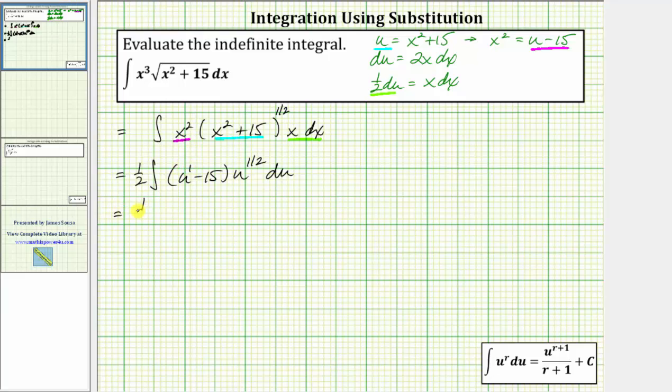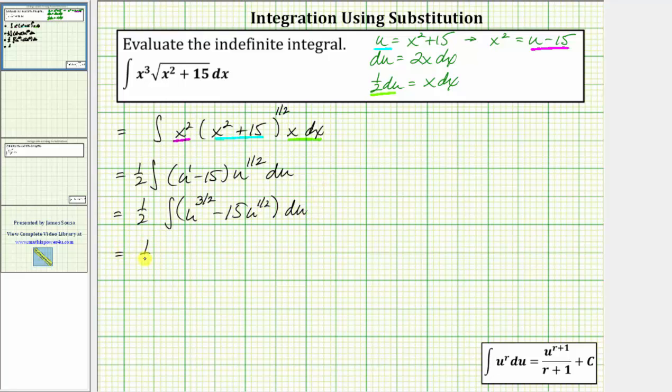This is equal to 1/2 times the integral of u to the, when multiplying we add the exponents, 1 plus 1/2 is 1.5 or 3/2. So we have u to the 3/2 minus 15 u to the 1/2 differential u. And now we integrate with respect to u.